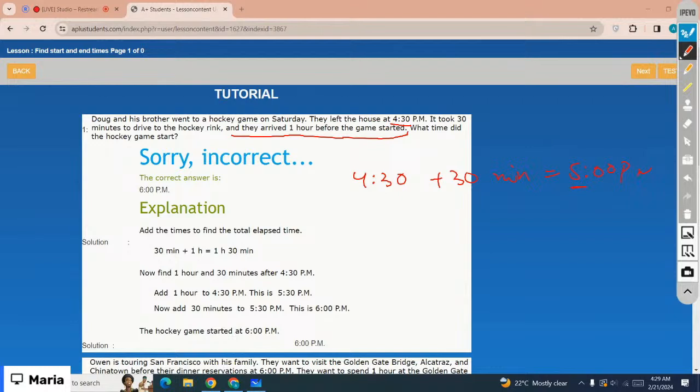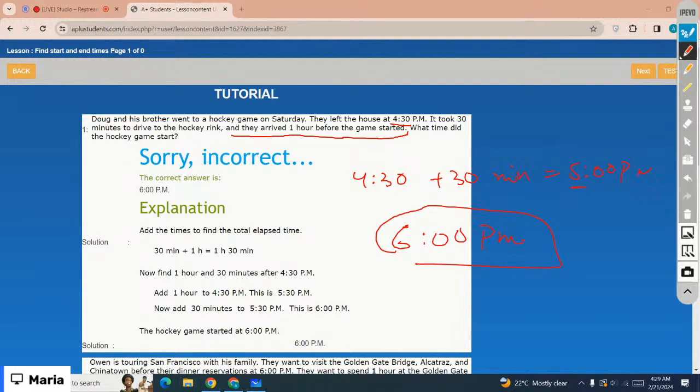So add 1 to 5, that means 5 plus 1 is 6 p.m. They arrived 1 hour before, so they arrived at 5. That means the game will start at 6 p.m. The correct option is 6 p.m.